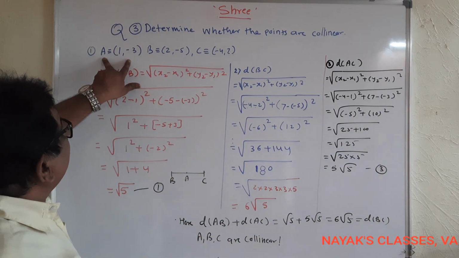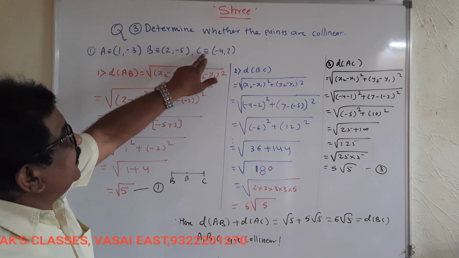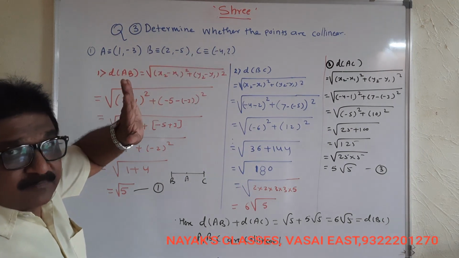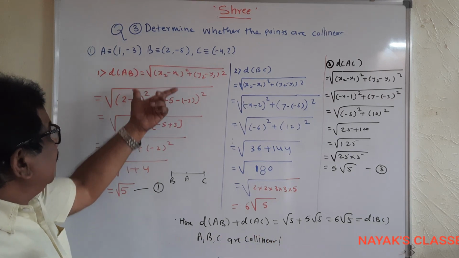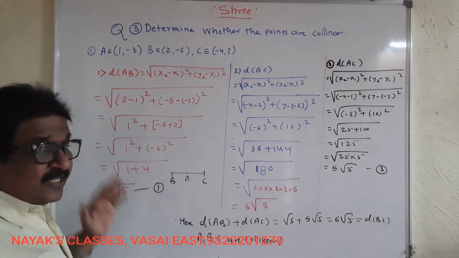The points are A (1, -3), B (2, -5), C (-4, 7). Clear? First we have to find the distance AB.